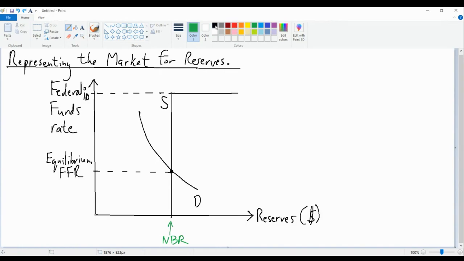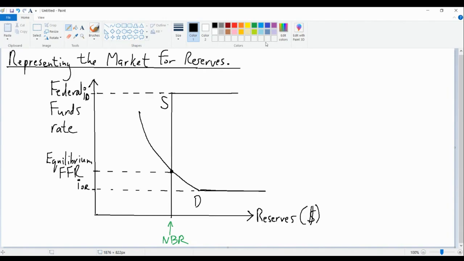And the way we can represent that here is by saying that this is the interest rate on reserves, and that the demand flattens out at that point.